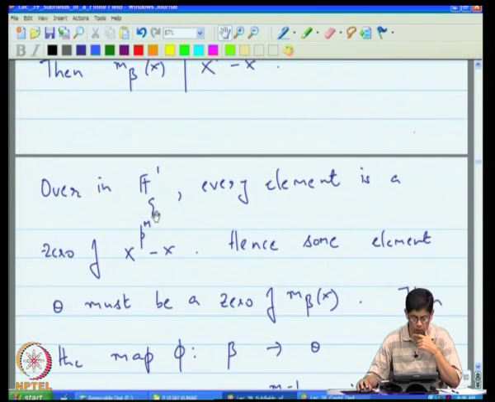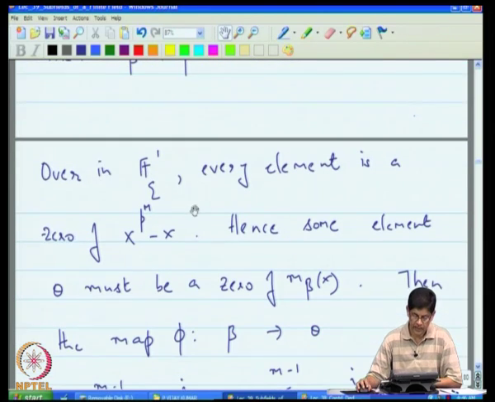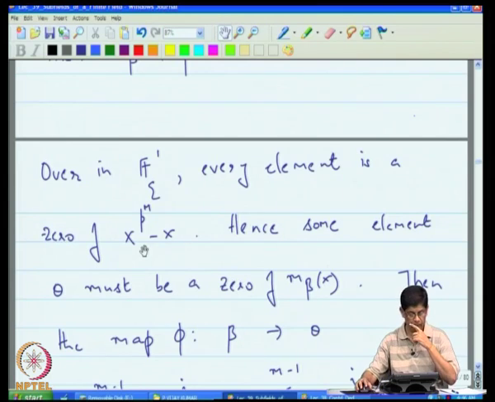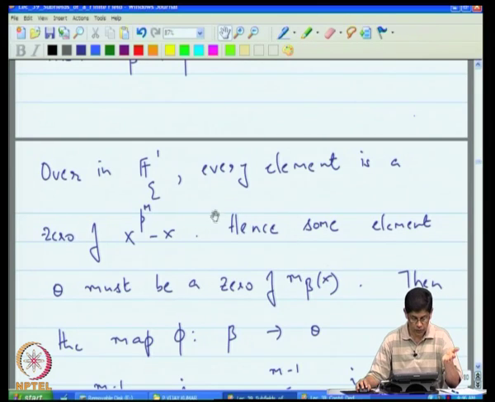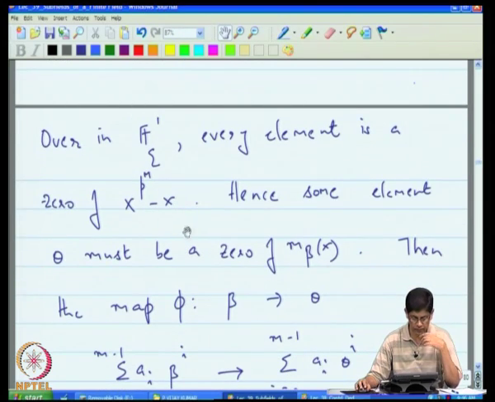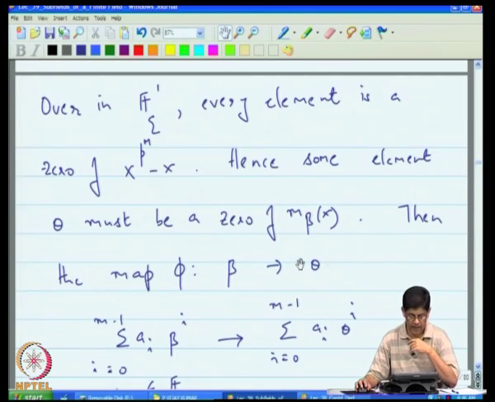Now, we move over to the other finite field, which is F_q dash. In this field, every element is a zero of x to the p to the m minus x. That was true even in the case of the other field, and also is true here. Therefore, some element theta must be a zero of this polynomial m_beta(x). Then the map phi which sends beta to theta.